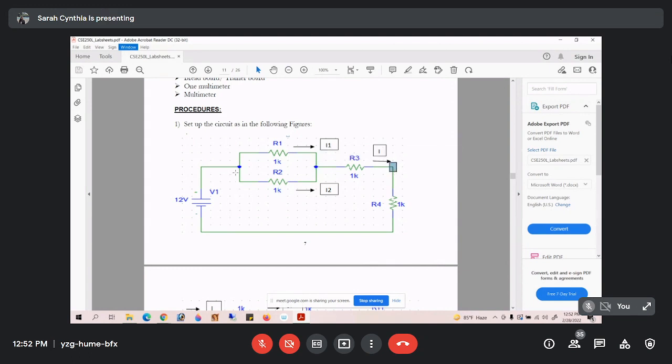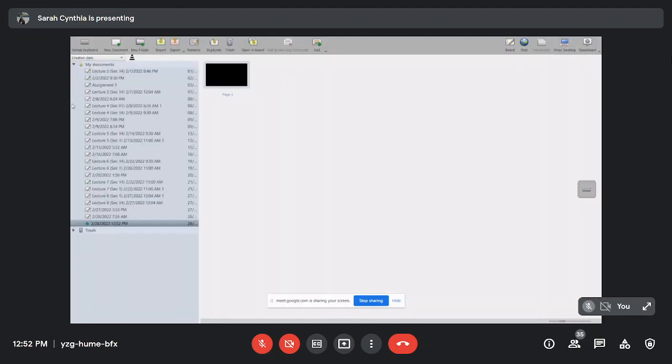And if you want to directly measure the current by using an ammeter, you may do so as well. However, I will show you how to measure the voltages and then figure out what the current values might be from the voltages. So let me show you the circuit one more time.